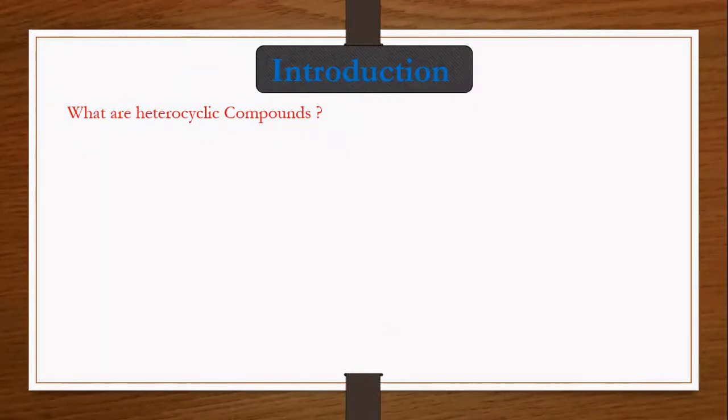These are the cyclic compounds having one or more heteroatom along with carbon atom in the cyclic ring. The heteroatom other than carbon means it may be oxygen, nitrogen, sulfur, etc.